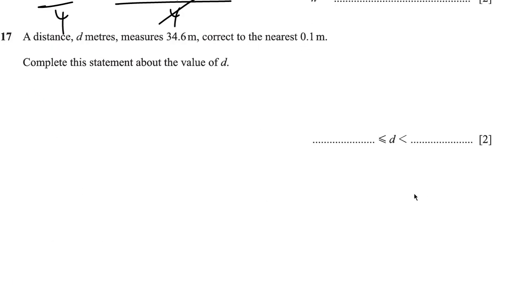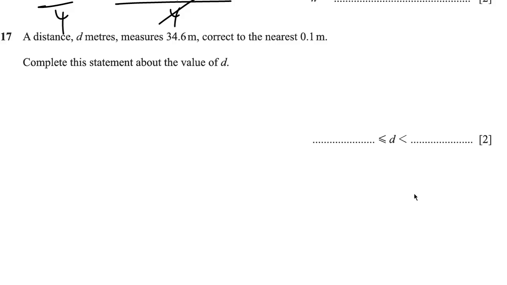Okay, question 17 says, distance D meters measures 34.6 meters, correct to the nearest 0.1 meter. Complete the statement about the value of D. So this is easy. This is just like the reverse process of estimation and rounding off.